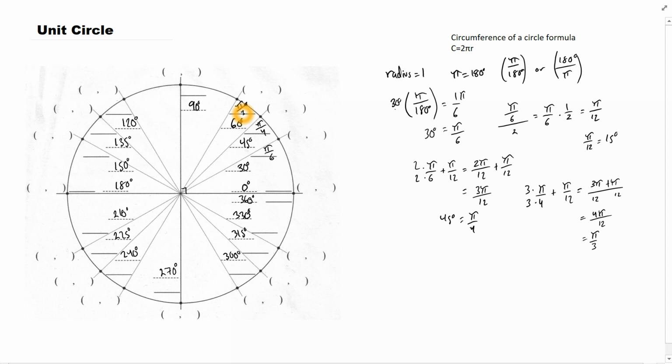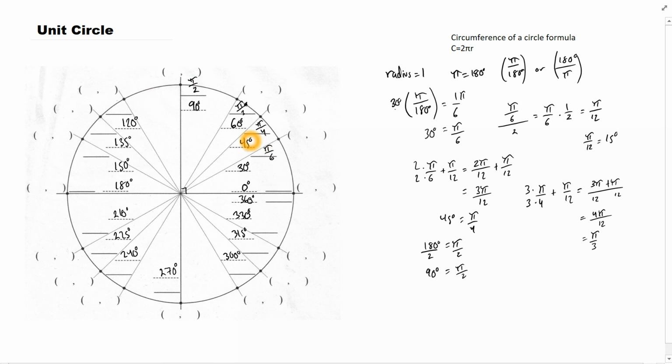Now we know that 180 is equal to pi. So if we divide 180 by 2, that gives us 90 degrees. We have to do the same to pi, so pi over 2 is equal to 90. And we just add more radians.